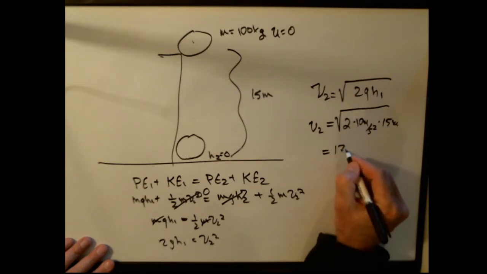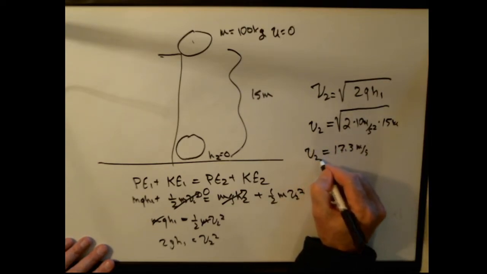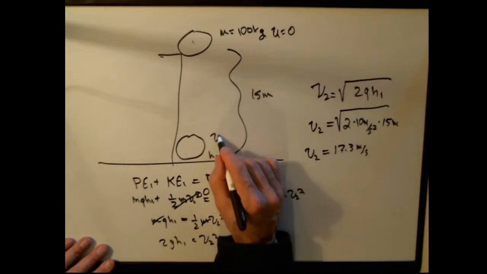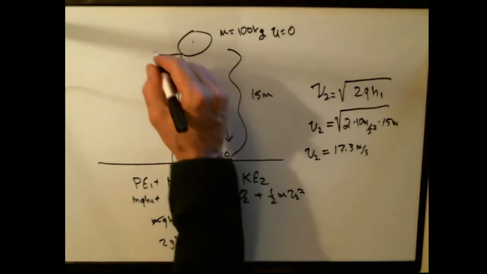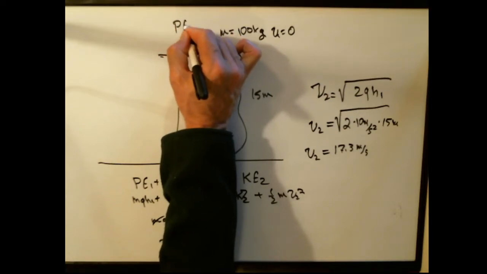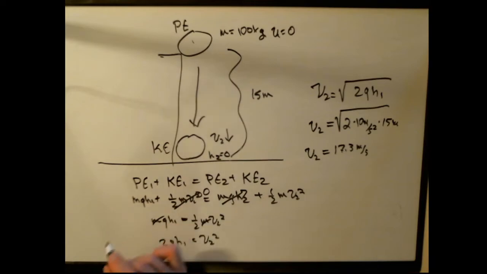Square root of 300 is about 17.3 meters per second. That's how fast it's going at that spot. So the potential energy, which is all it has up here, gets turned into kinetic energy, which is all it has down here.